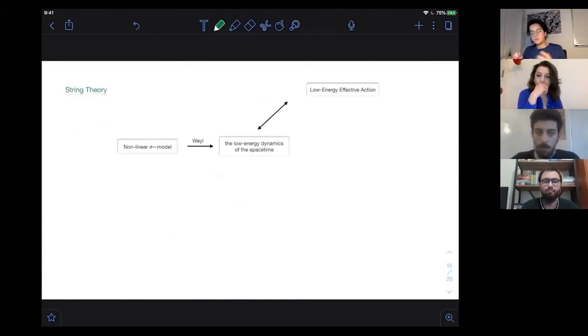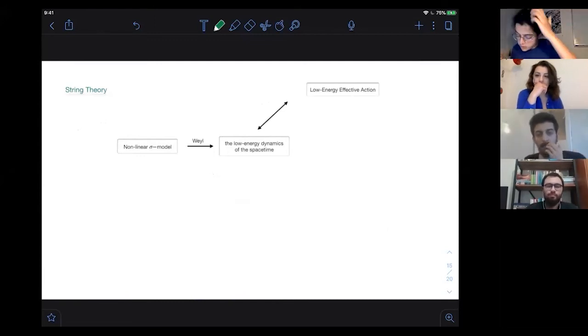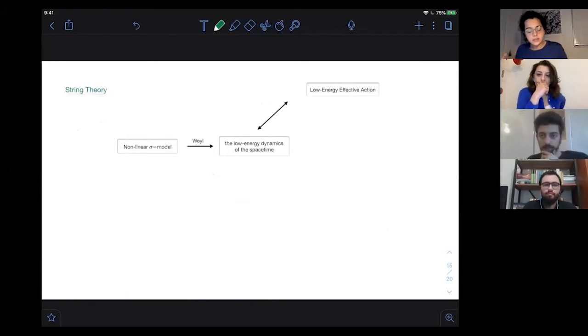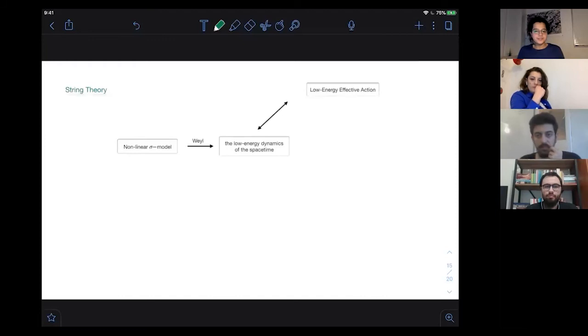The magic behind it is that because the sigma model is a two-dimensional quantum field theory, if you require that this action has Weyl symmetry at the quantum level, you determine the dynamics of space-time. That is, I think, the amazing thing about string theory. You just start with the nonlinear sigma model, and you get information about space-time.